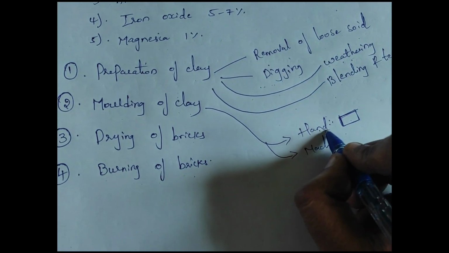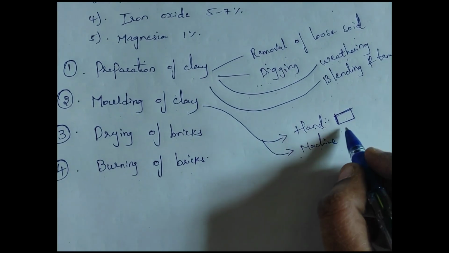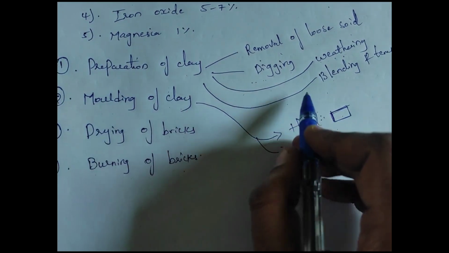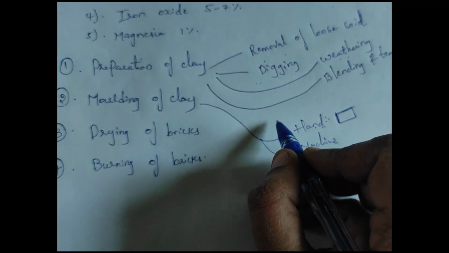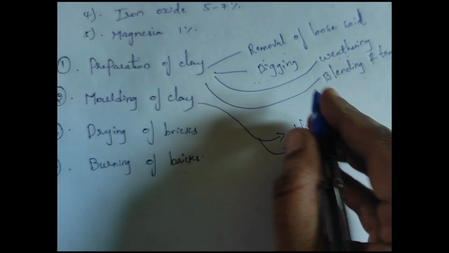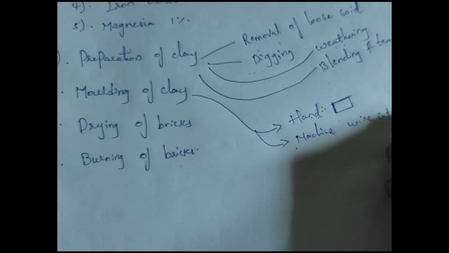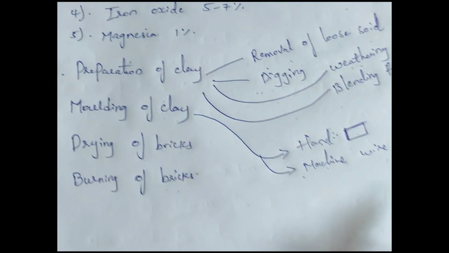Machine molding means the clay is placed in the machine and comes out through an opening under pressure. It is cut into bricks by steel wires fixed in frames, and these are called wire cut bricks.